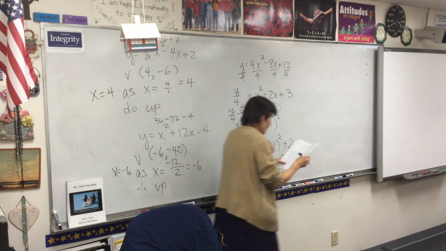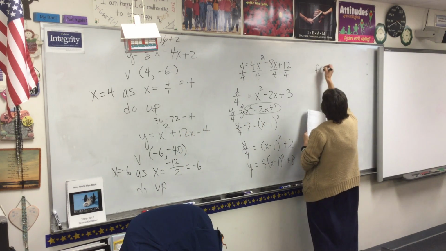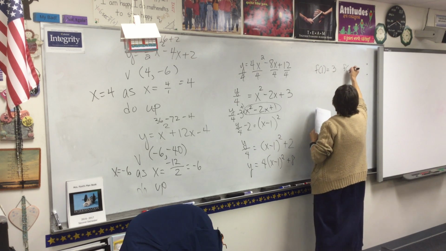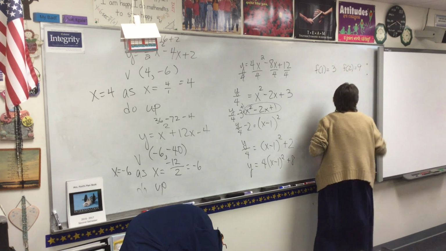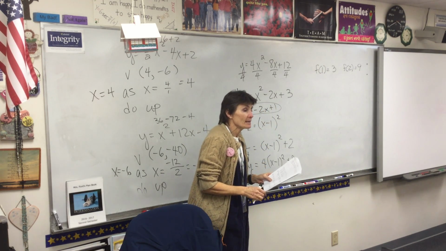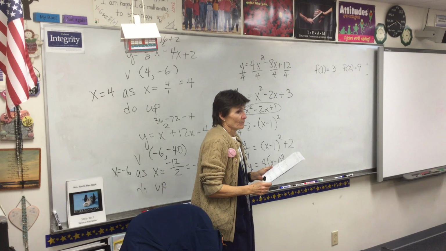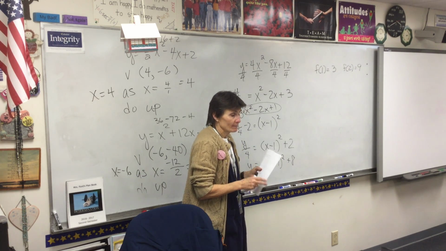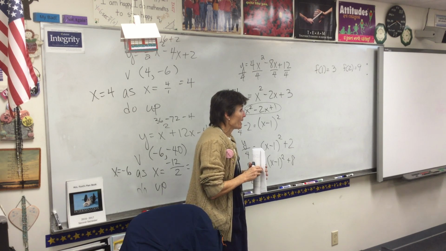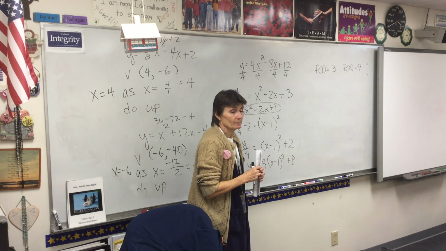Here we go. Write the equation of the linear function where f of 1 is 3 and f of 2 is 9. Now this is going to be a linear function, which means a line, right? And to do lines, you've got to have slope.